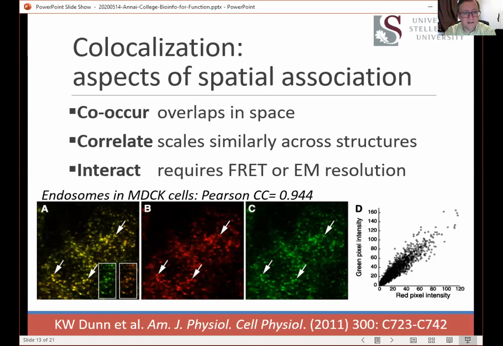In this case, most of panel A shows yellow colors. When we're looking at fluorescent dyes, a red light plus a green light looks yellow. So all the instances of yellow that you see over there are places where both the protein labeled red and the protein labeled green are co-occurring.